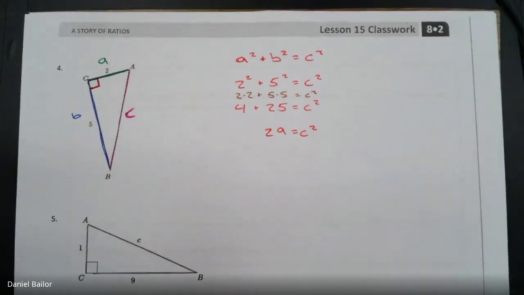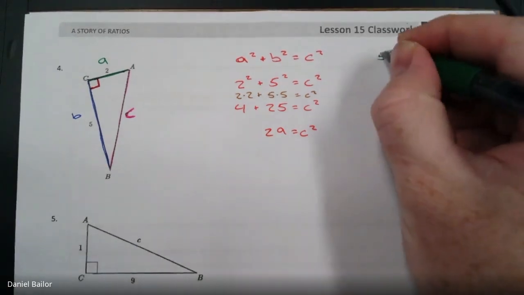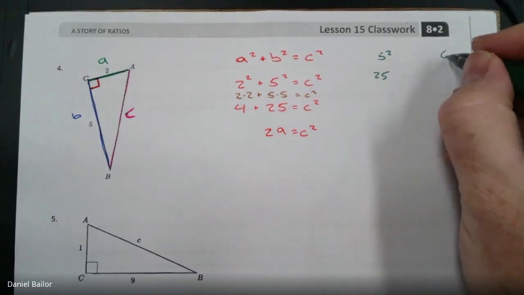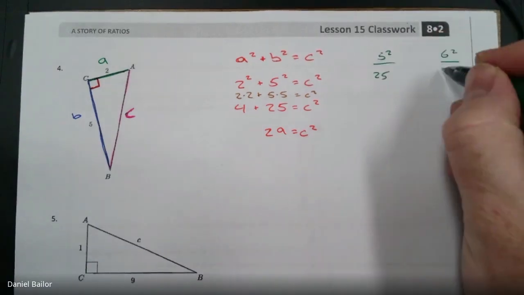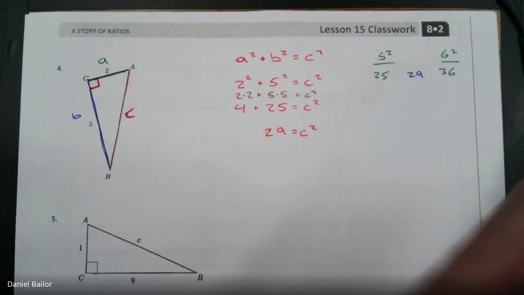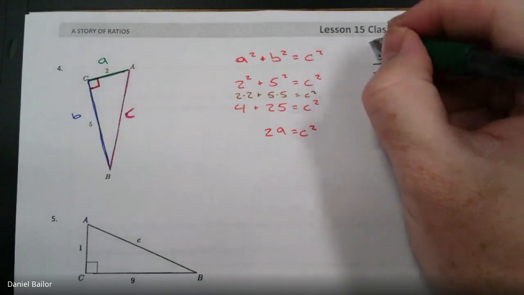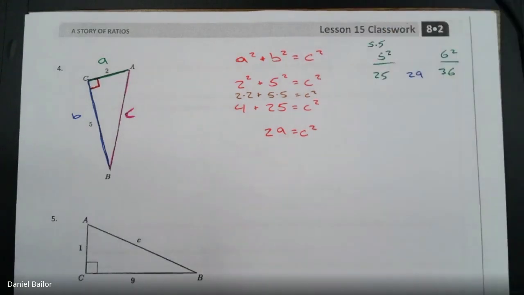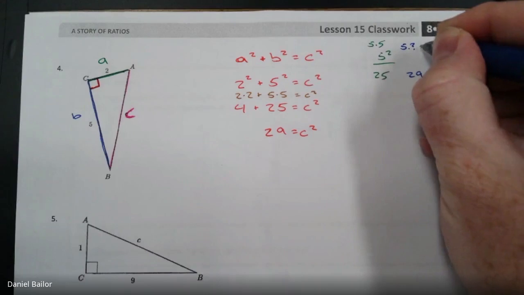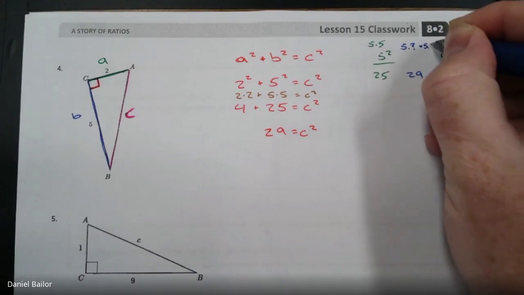Let me do a little number line thing for you. We know 5 squared is 25. We know 6 squared is 36. 29 is somewhere in the middle. So it's bigger than 5 times 5, and it is smaller than 6 times 6. So it's going to be 5 point something times 5 point something.